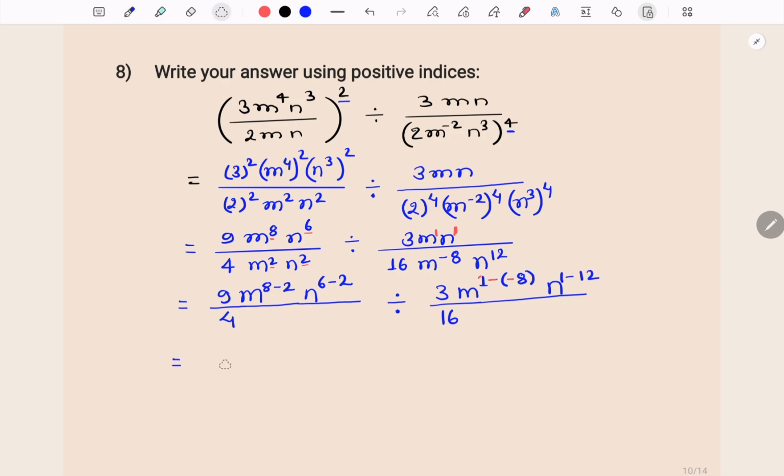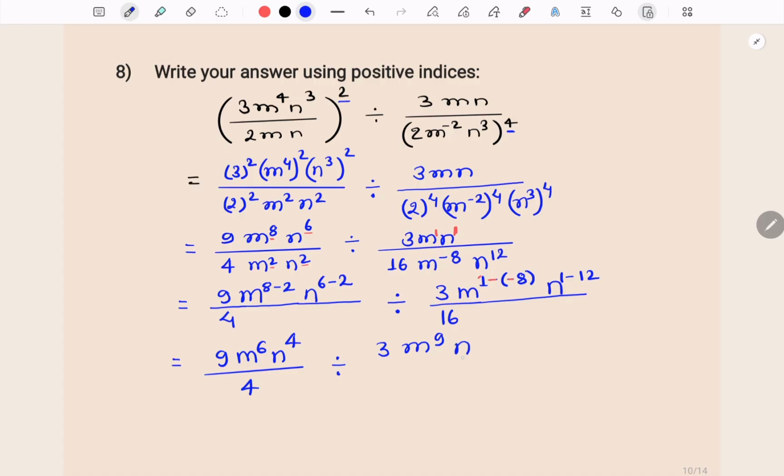In the next step we can write 9 m, 8 minus 2 is 6, and 6 minus 2 is 4, divided by 4, this sign of division, and we have 3 m. 1 minus minus 8 is actually 1 plus 8, that is 9.